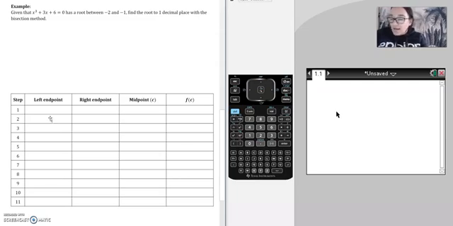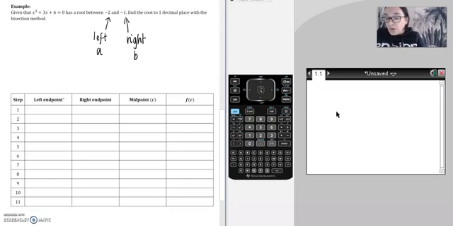So in this working out, step 1: what's the left endpoint and what's the right endpoint? Well, our left endpoint is the -2. So this is our A. And -1, this is our right endpoint, and this is our B.